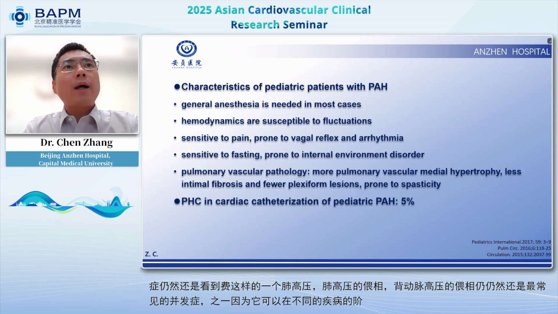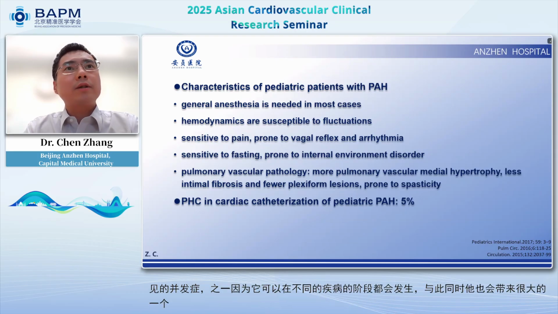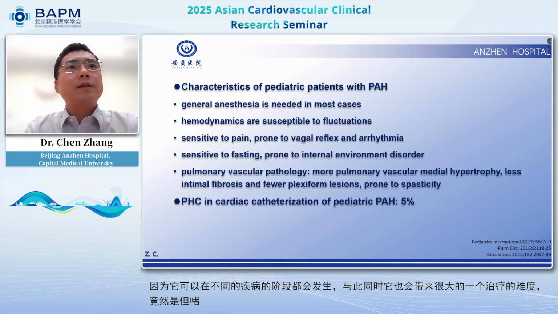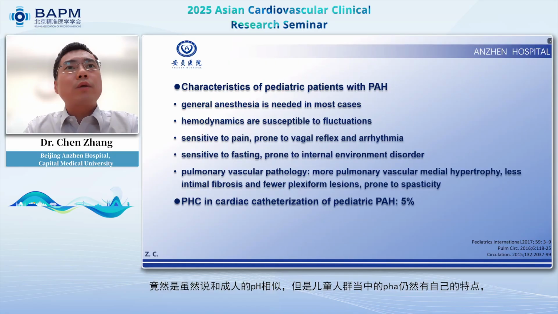Although similar to adult PAH, pediatric patients have many of their own characteristics, such as general anesthesia being needed in most cases. Hemodynamics are susceptible to fluctuations, sensitive to pain, prone to vagal reflex and arrhythmia, sensitive to fasting, and prone to internal environment disorder.